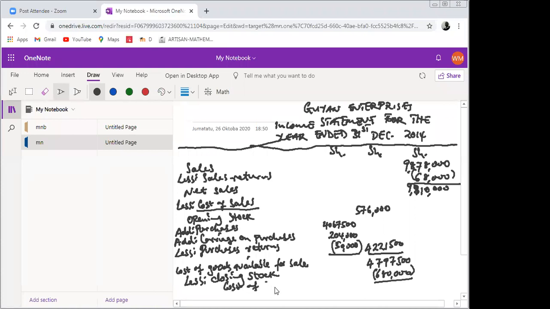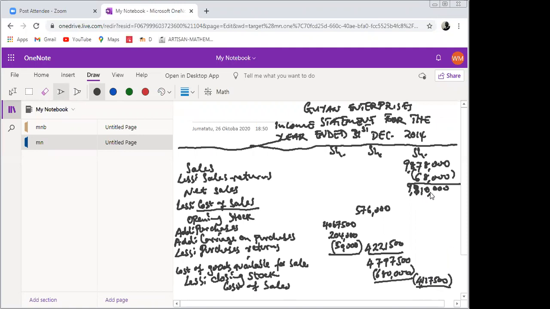So that you can get now what we are referring to as the cost of sales. 4,117,500. That is now the cost of those sales.